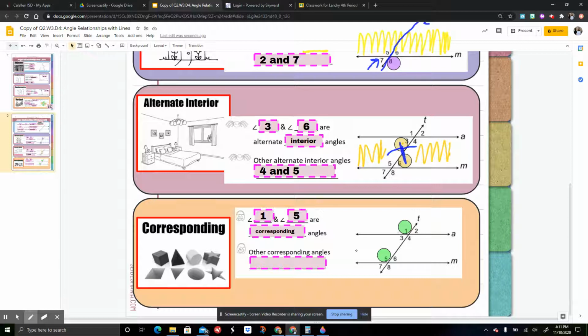So for example, 1 and 5 are both to the left of the transversal, and they're both sitting on top of their parallel line. So the other pair of angles that are both on top of their parallel line would be angle 2 and angle 6.